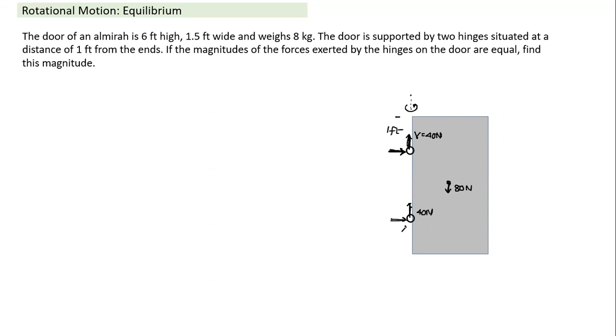If I call this point A and this point B, and take torque about A equal to 0, you notice how many forces are acting? 5 forces. But out of 5 forces, 3 forces are passing through point A. This force, and even this vertical reaction here. So only 2 forces are non-zero: mg and the reaction at B, horizontal component. If I take torque equal to 0, I get this component. And in which direction does this component have to act? This is creating a torque in the clockwise sense.